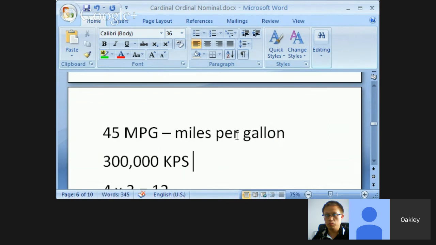Xingyu, how much does gasoline cost in China? Regular gas, not diesel, not biodiesel, not ethanol. How much does it cost now?